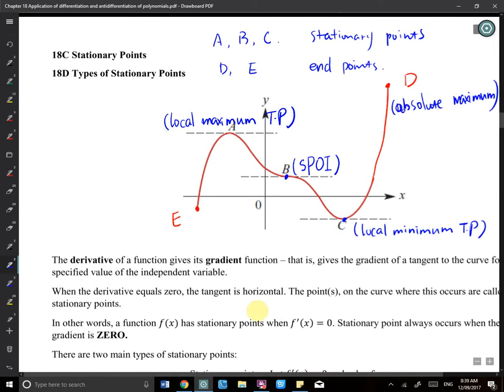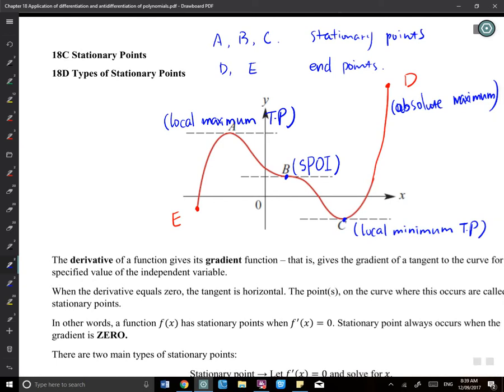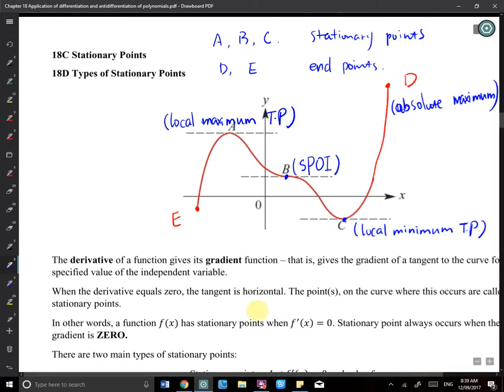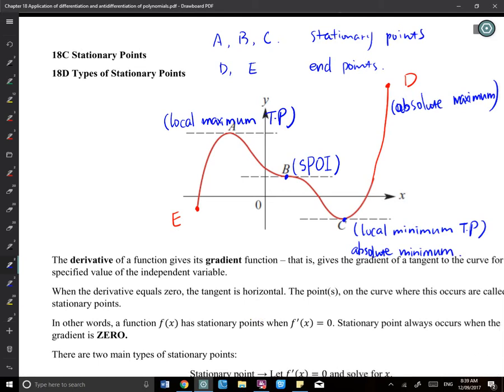Then we will have the absolute minimum. What is the absolute minimum? That's still the point C, because C is the lowest value. So this is also called the absolute minimum. This point can have both names.